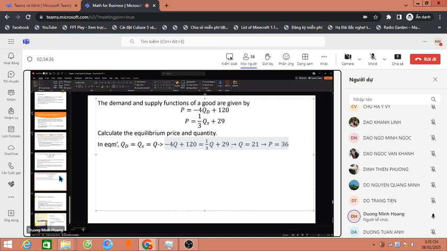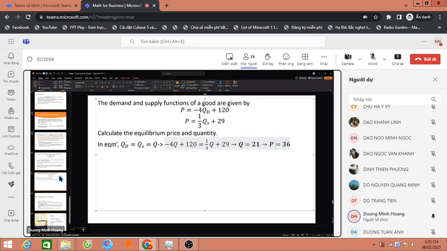Okay, you put Q back in one of the two equations over here, and we arrive at P equals 36. So this is our equilibrium price and quantity. Remember, they asked for price and quantity, so you have to answer with the solution for both price and quantity.